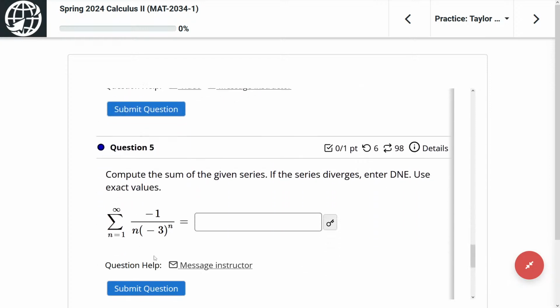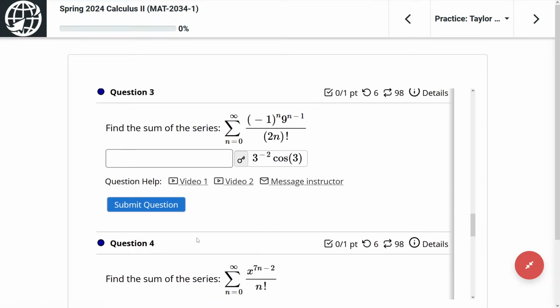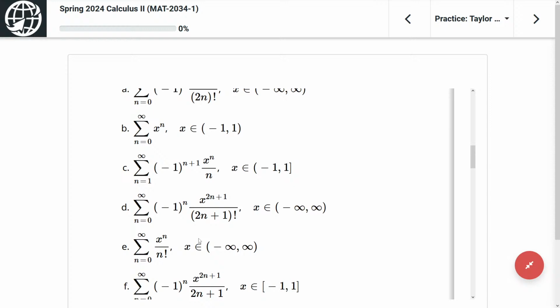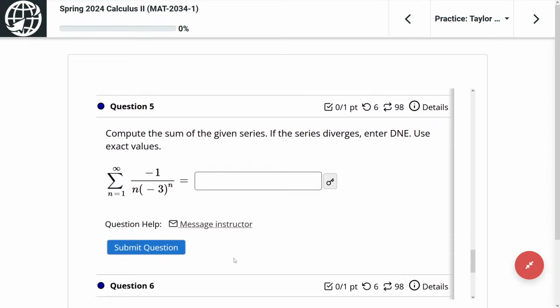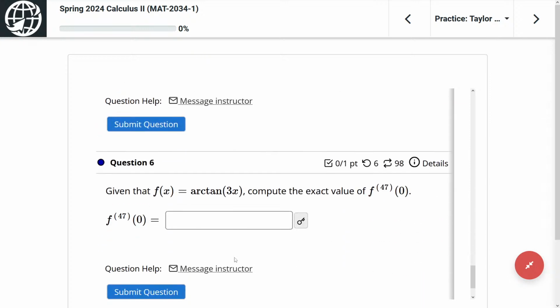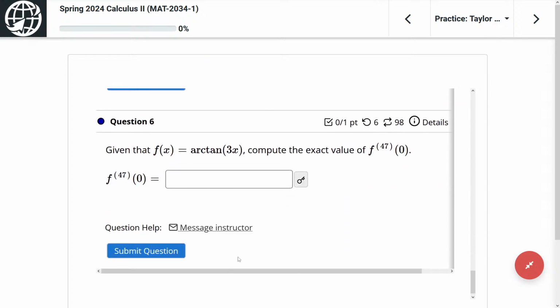This one is the natural log of 1 plus x. Let me double check. It's this one right here. Yeah, this one is the natural log of 1 plus x. So that's the one you'll manipulate.